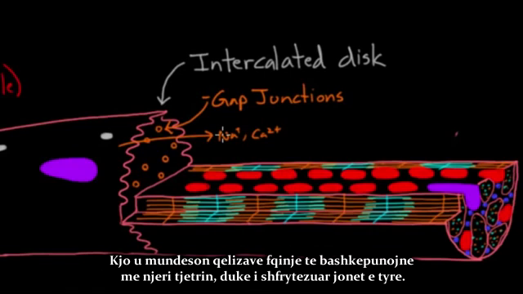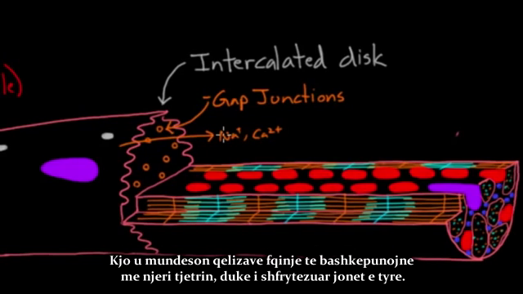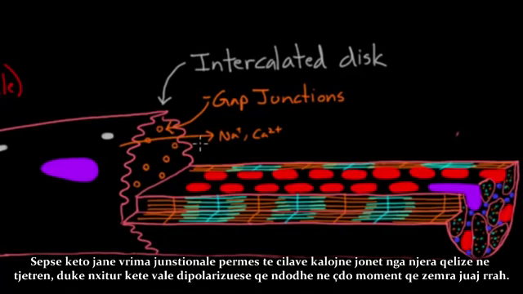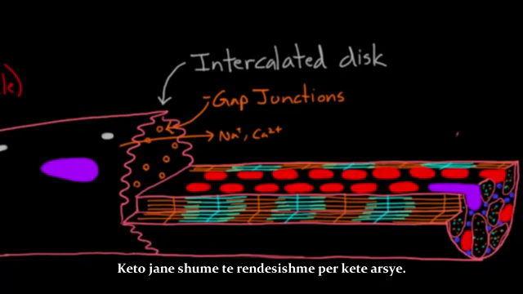So it's a way of letting 2 neighboring cells talk to one another using their ions, right? And this is super important when you're thinking about a wave of depolarization, because these are literally the gap junctions through which ions go from one cell to another, promoting that depolarization wave that happens every time your heart beats. So these are really important for that reason as well.